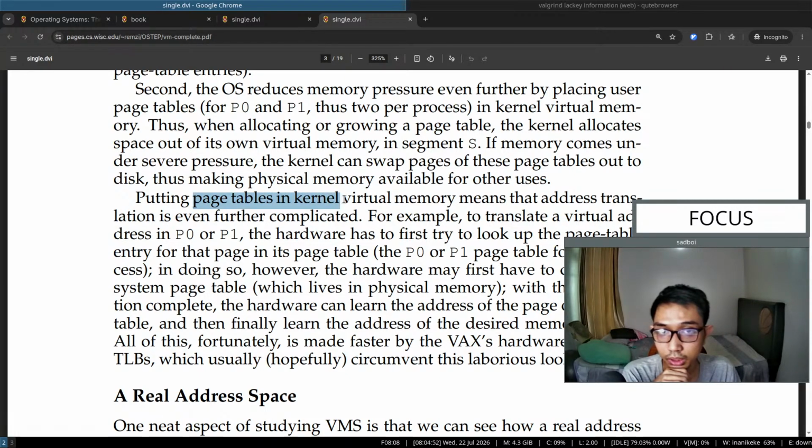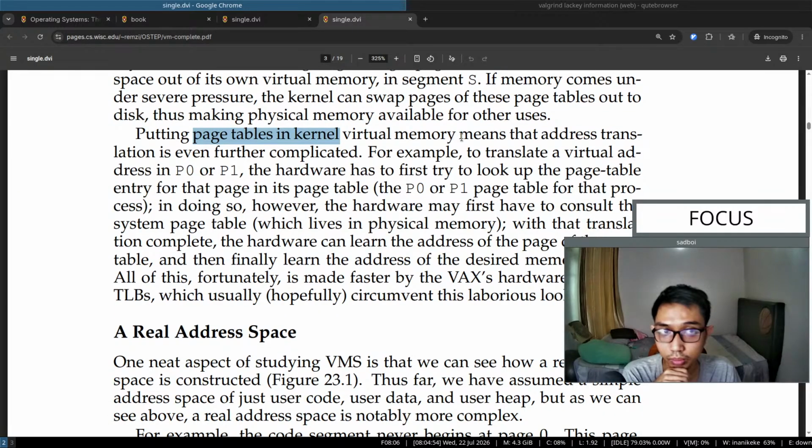Putting page tables in kernel virtual memory means that address translation is even further complicated.